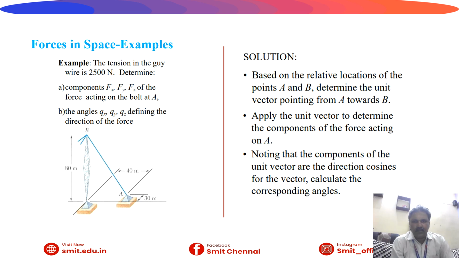This is the sketch that is given. Now look at the solution. Based on the relative locations of the points A and B, determine the unit vector pointing from A towards B. Apply the unit vector to determine the components of the force acting on A. Noting that the components of the unit vector are the direction cosines for the vector, calculate the corresponding angles.